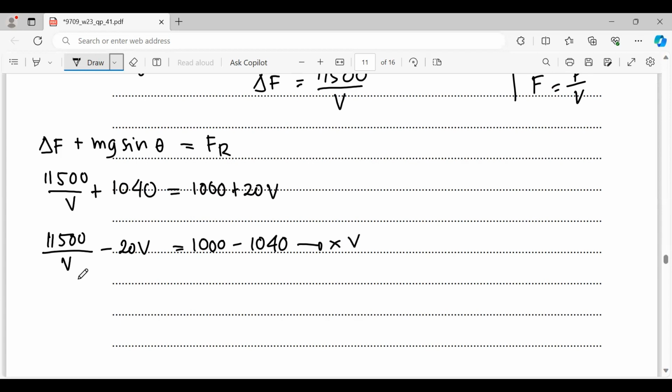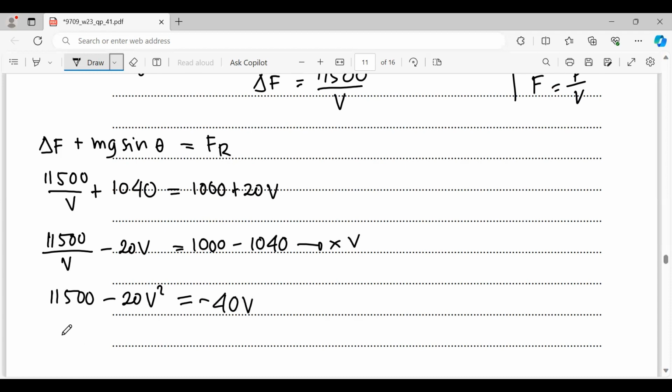Multiply by V, it becomes 11,500 minus 20 V squared equals 40 minus 40 V.